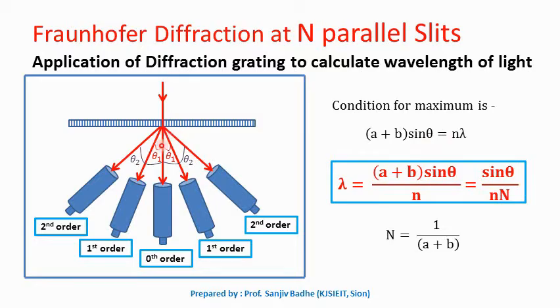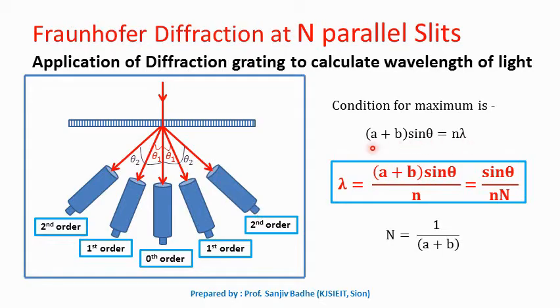So 0th order maximum is obtained along the same direction. When you put n equal to 1, θ will be equal to θ1. So first order maximum is obtained at an angle θ1 on either side of this central maximum, 0th order maximum. When you put n equal to 2, θ will be equal to θ2. Second order maximum will be obtained in this direction.